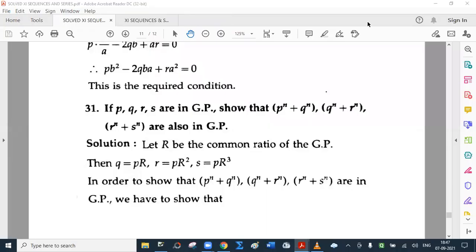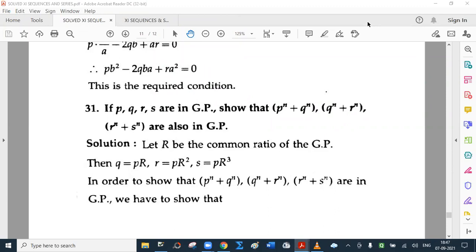Sum 31: if p, q, r, s are in GP, show that p raised to n plus q raised to n, q raised to n plus r raised to n, r raised to n plus s raised to n are also in GP. To show that three or more terms are in GP is to show that the ratio of two consecutive terms is constant.